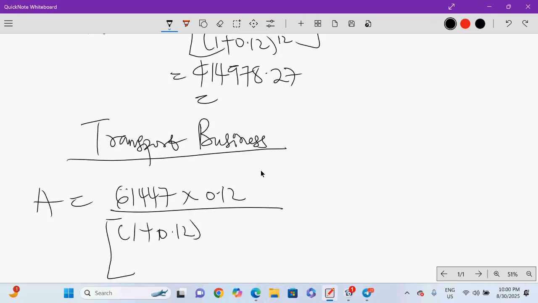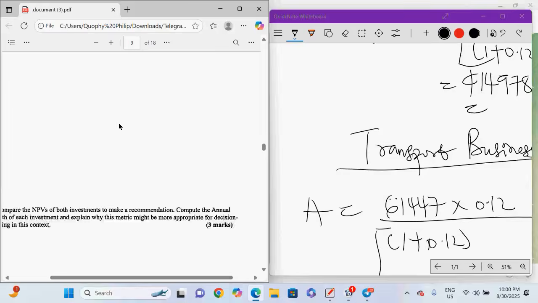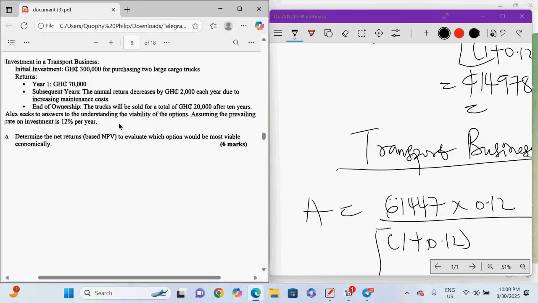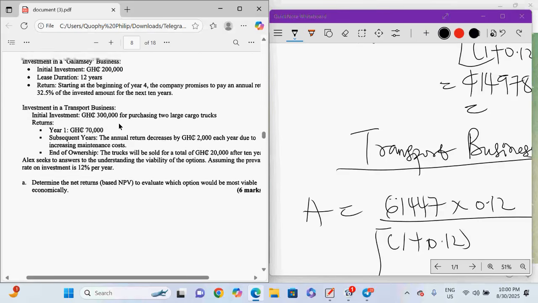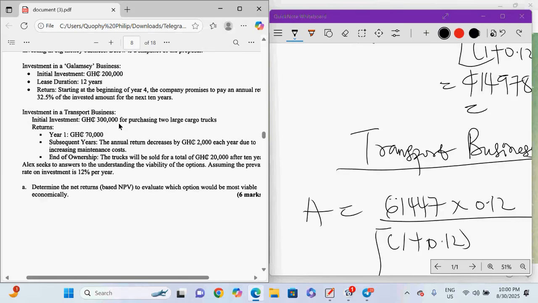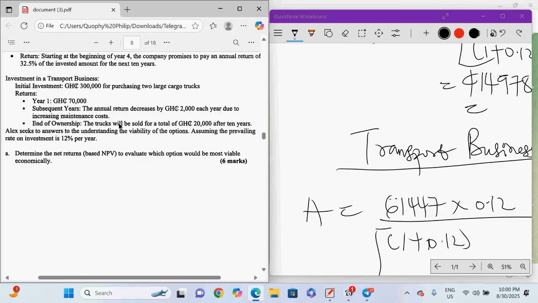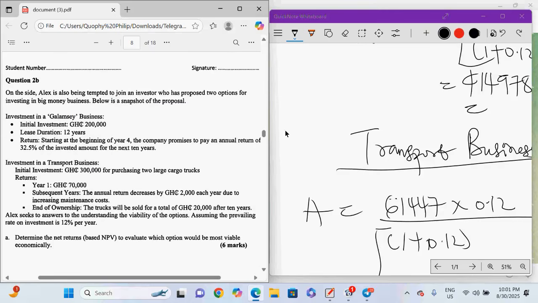What is the number of years? The lease period, is it also 12 years? All right, so that is also 12 years.